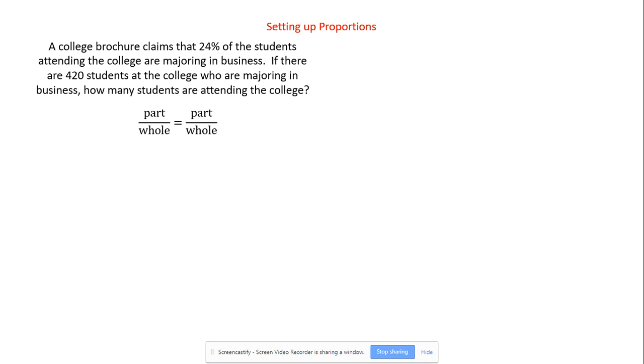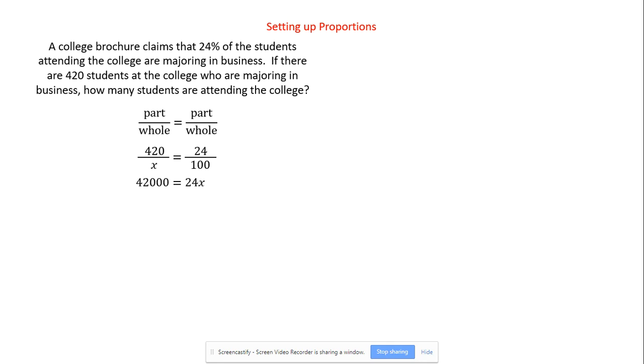And then we have the actual students at the college. 420 students are the part out of the whole student body attending the college. And so we have part and whole. 420 students out of everybody, which we don't know. One of these is a variable. Equals 24% out of 100%. Now we can cross multiply.